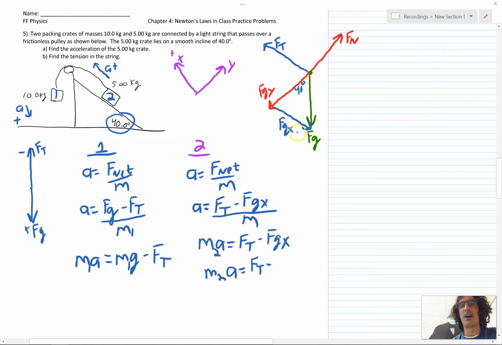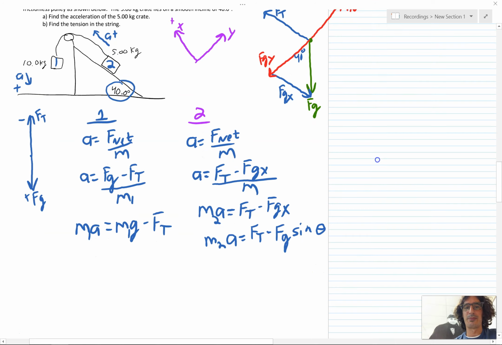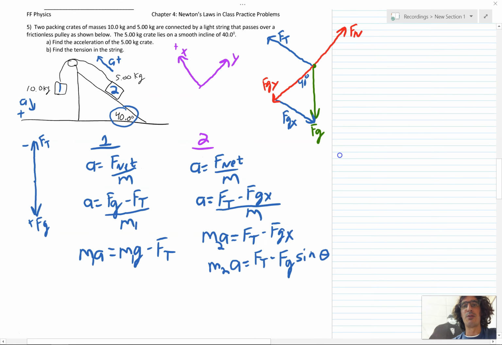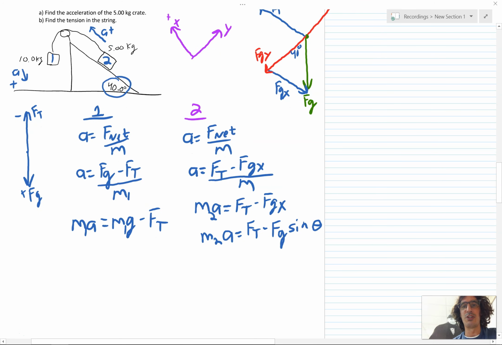Notice FGX is opposite the angle. So even though it's FGX, since it's opposite, we have to use sine of theta. Which means FGX turns into FG sine of theta. And from before, we know FG is M times G. We're looking at object 2, so it's M2 times G.